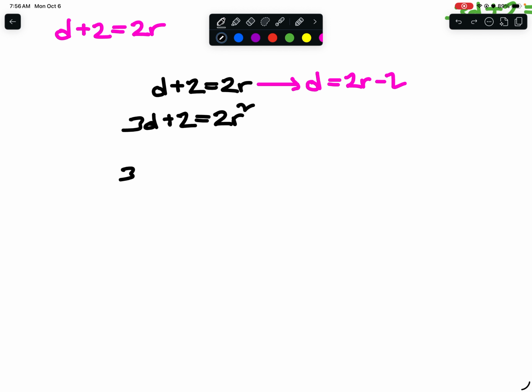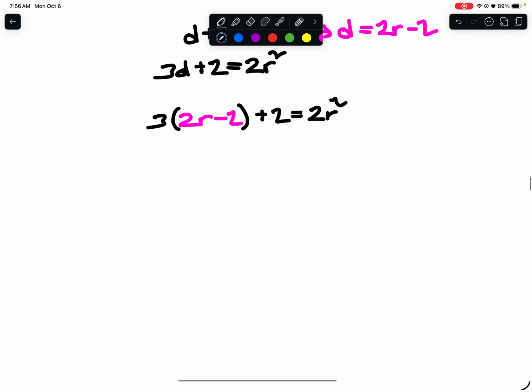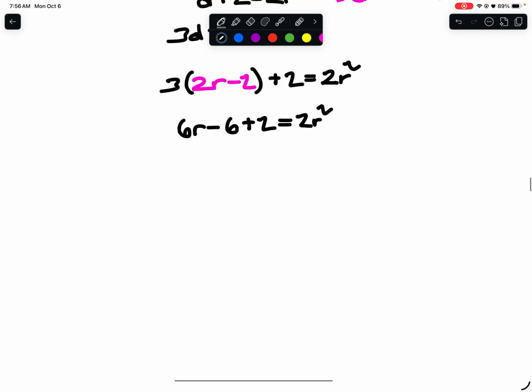So I'm going to have 3 parentheses, 2r minus 2, plus 2 equals 2r squared. When I distribute, we're going to get 6r minus 6 plus 2 equals 2r squared. So this is going to give me 6r minus 4 equals 2r squared.